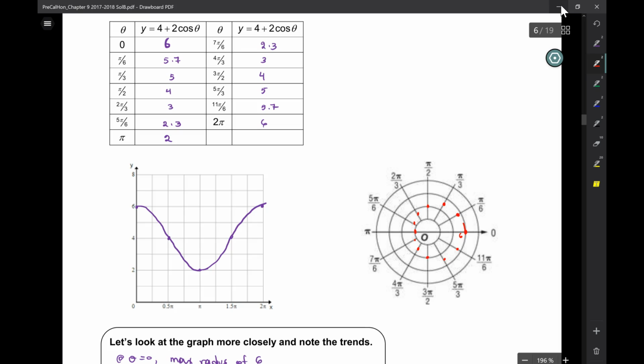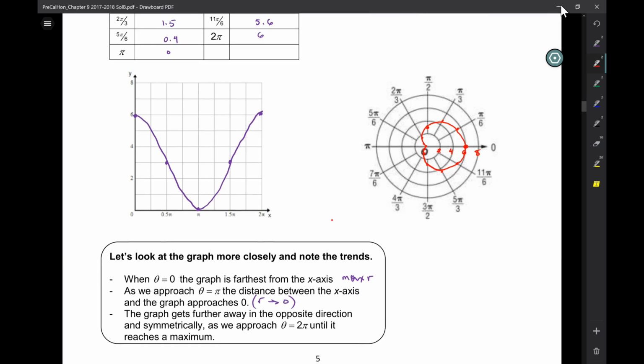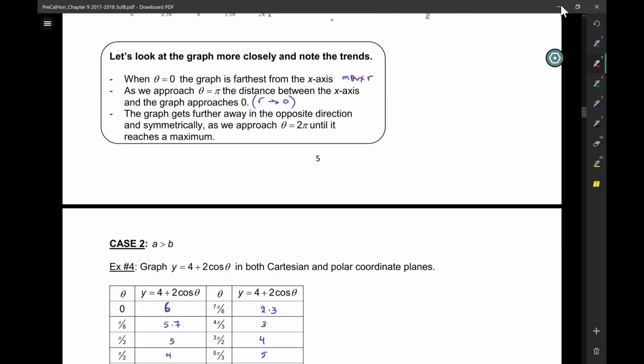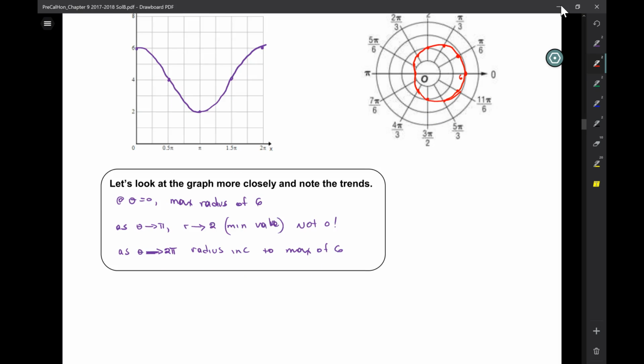So it's going to come up here. The other one had a pronounced dimple. This one is more subtle.